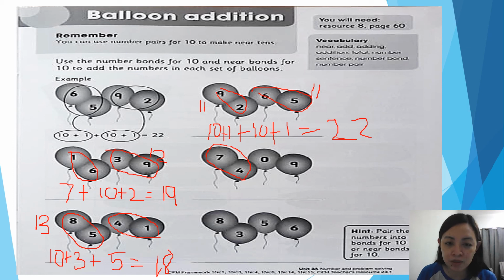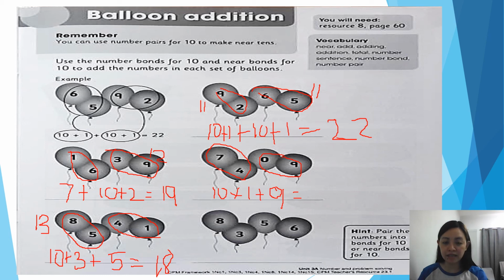Okay, it's also 11. So 10 plus 1, since it's more than 10, plus, look at this one, 0 and 9 is 9. So I'll put 9 here. Equals, so 10 plus 1 is 11.